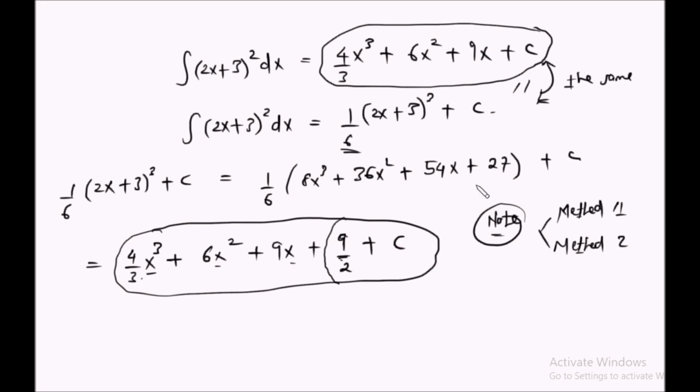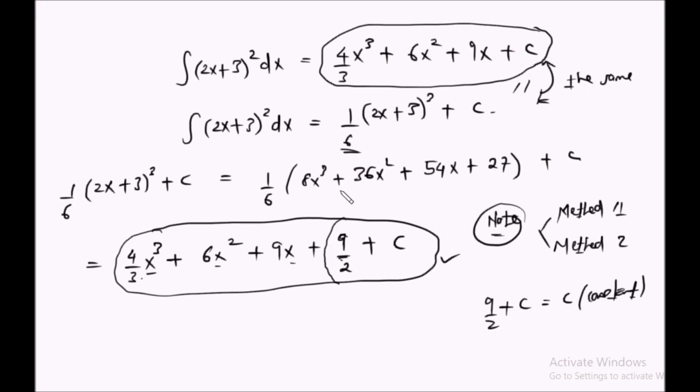Sehemu ambayo ni tofauti ni kwenye nini? Ni kwenye constant, ambayo haibadilishi maana, kwa sababu 9 over 2 yenyewe ni constant. Kwa hiyo 9 over 2 plus c is also what? Is also a constant.